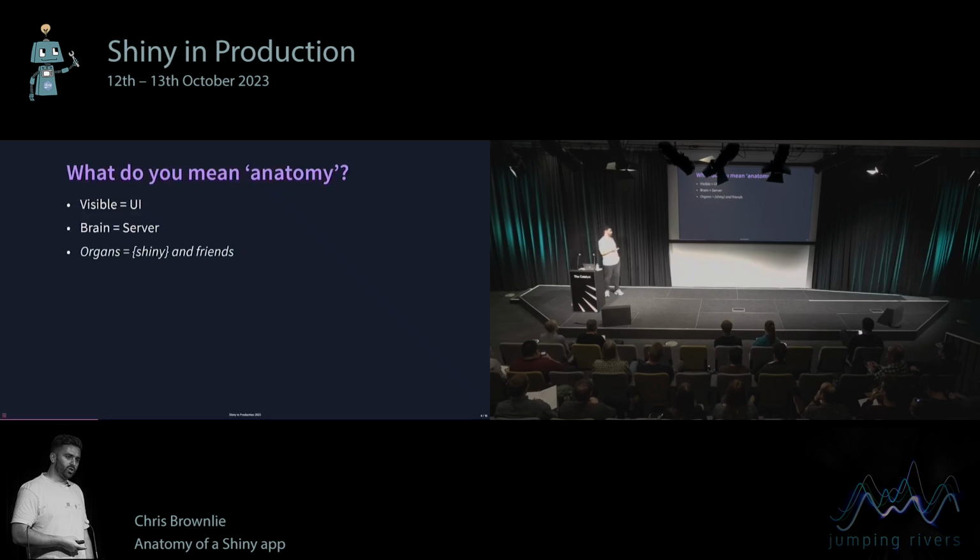So using this analogy, you can think of developing a Shiny app as a bit like designing a video game character. So you get to choose what they look like, size, shape. You get to choose their attributes and characteristics in the same way that you get to develop the server when you're building a Shiny app. And you don't have to worry about the organs.